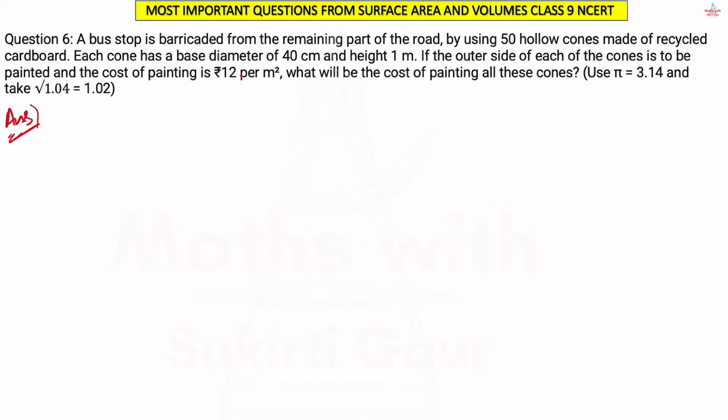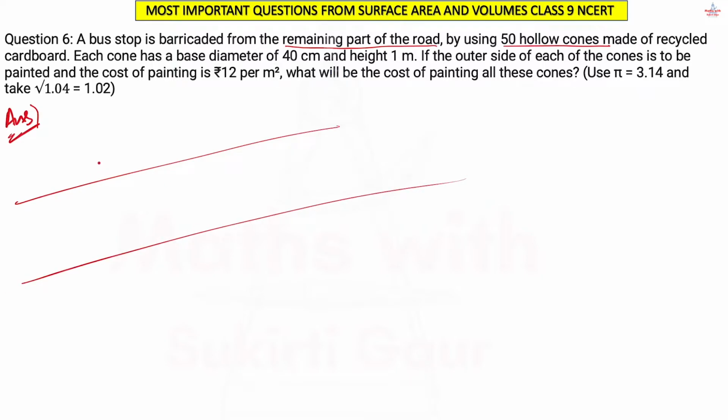So in this one, a bus stop is barricaded. Barricaded means to block some part of some area, right? So they have barricaded the remaining part of the road here by using 50 hollow cones. Now you must have seen in roads sometimes we have seen conical structures like this. I'm not able to make it perfect, but they look like this. So they are hollow cones, yes or no?